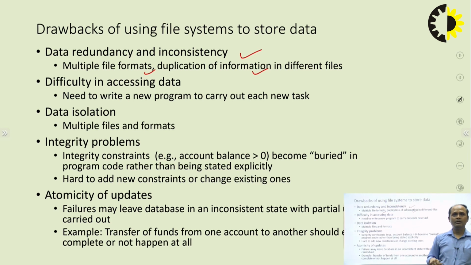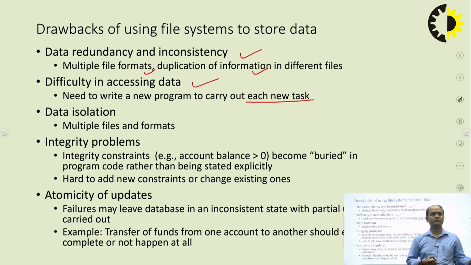Now let's talk about difficulty in accessing the data. What is difficulty in accessing the data? We need to write a new program to carry out each new task. When we store our data in an unstructured manner, there are lots of difficulties when we go to access it.